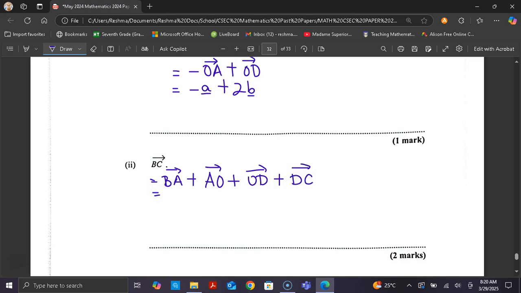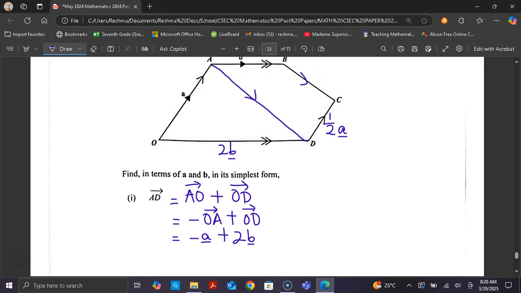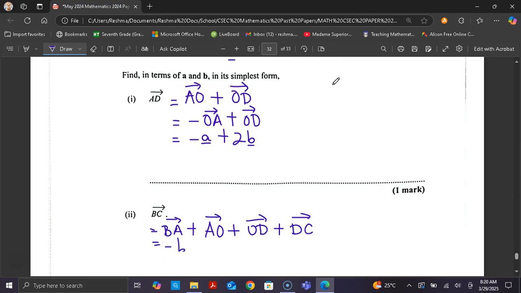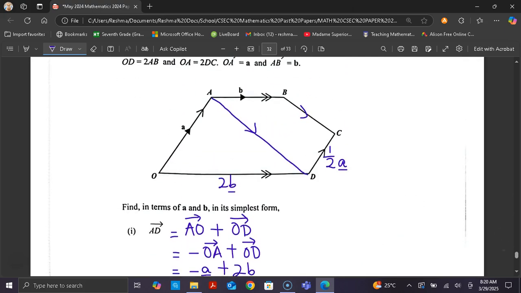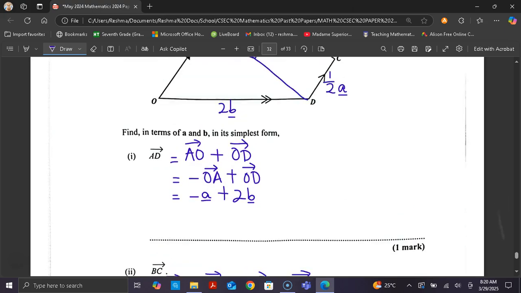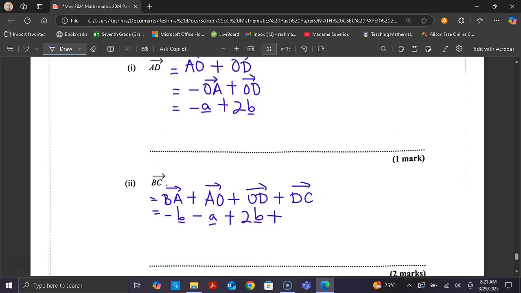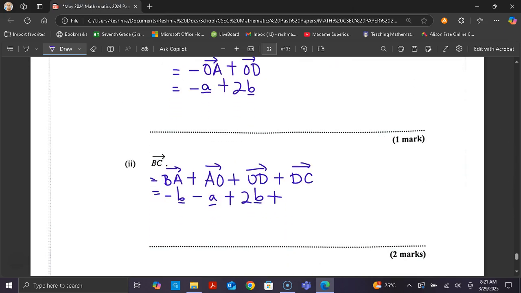So when we put it all together now, BA is going in the opposite direction here, so this will be negative B. AO is going in the opposite direction to OA, so that's negative A. We found OD to be 2B. And then we said that DC is a half of A.